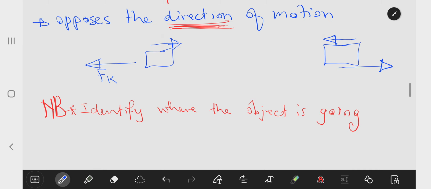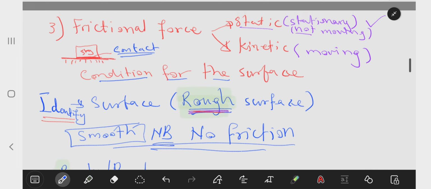The next two forces, I usually combine them as applied forces. The first force is an applied force, which is a force that you're usually given. It can be applied by an external object. For example, a person is pushing a box of mass 5 kg.